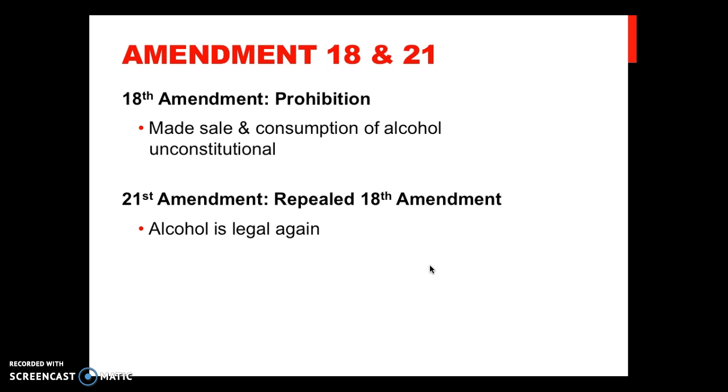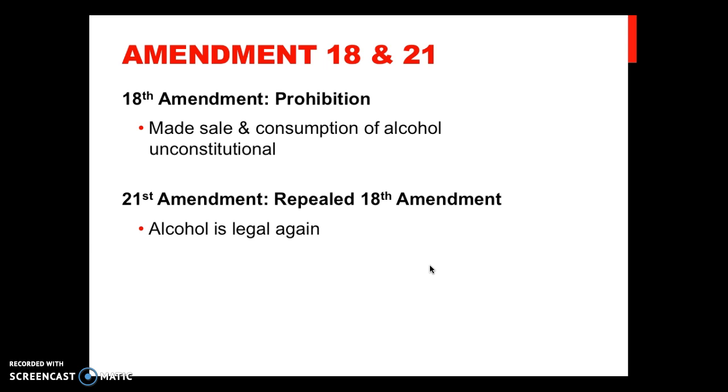Not to jump around, but Amendments 18 and 21 are tied together. These are kind of easy to remember because 21 is the age you need to be to drink alcohol legally in this country. And 18 is kind of an easy number to remember because at the age of 18 you get other rights in this country. 18th Amendment prohibited the sale and consumption of alcohol in this country.